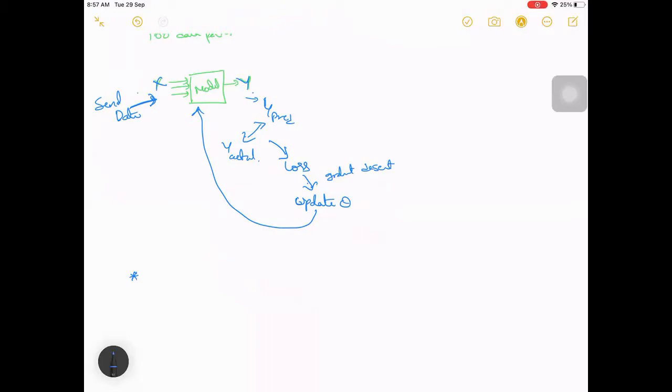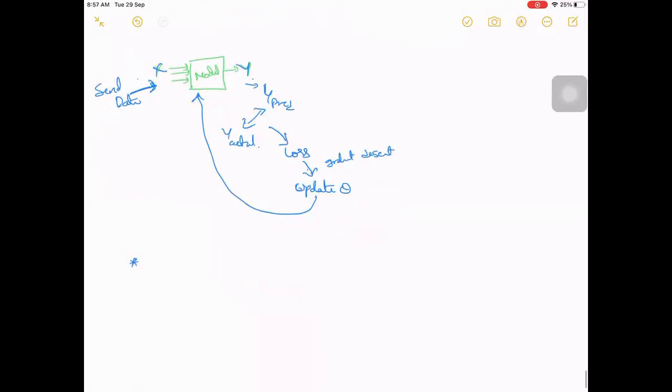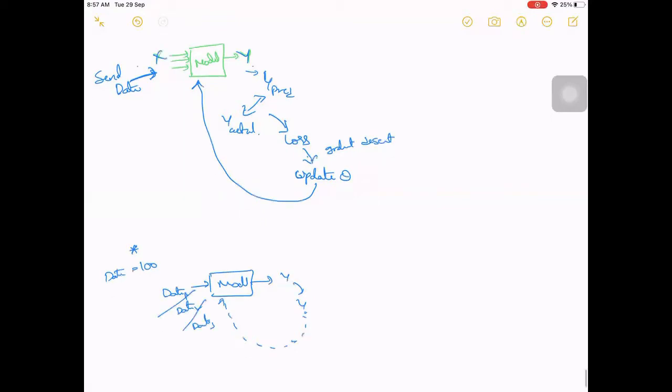If there are 100 data points, you send data point 1 and get Y for it, do the same prediction and loss, and update the parameter. Then you send data 2, then data 3, similarly. So each data point at a time. This is one scenario: one data point at once.